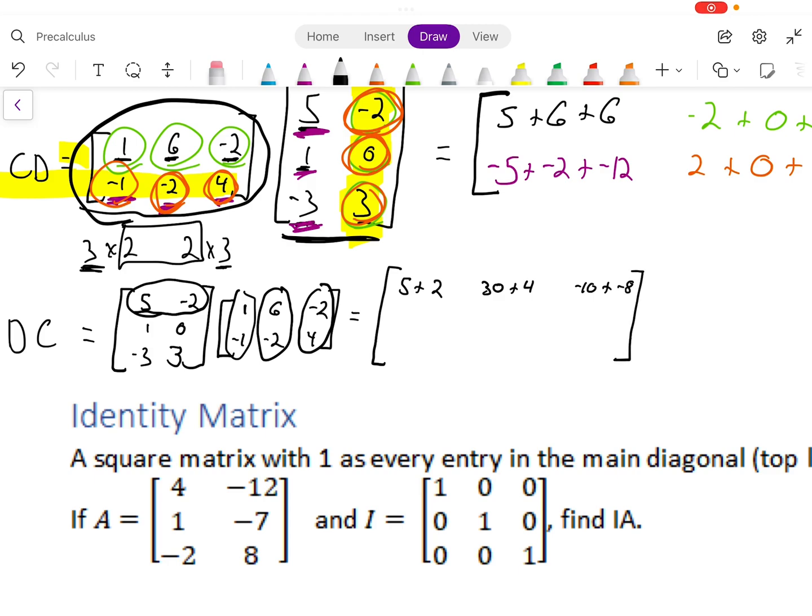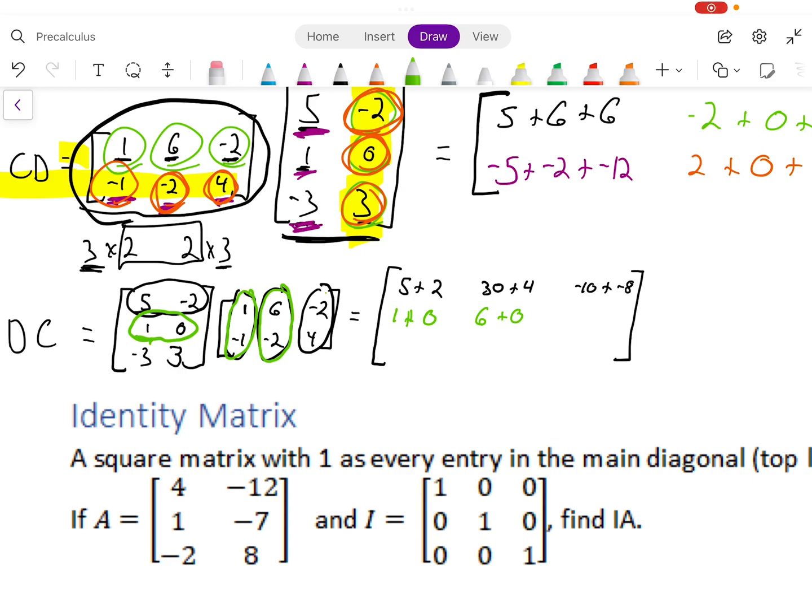Now we go to the second row with the first column. 1 times 1 is 1, plus 0 times negative 1 is 0. Now second row with second column. 1 times 6 is 6, plus 0 times negative 2 is 0.